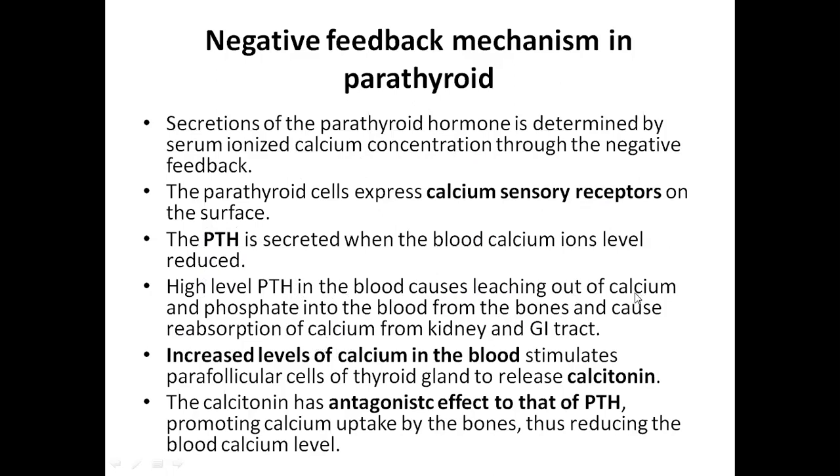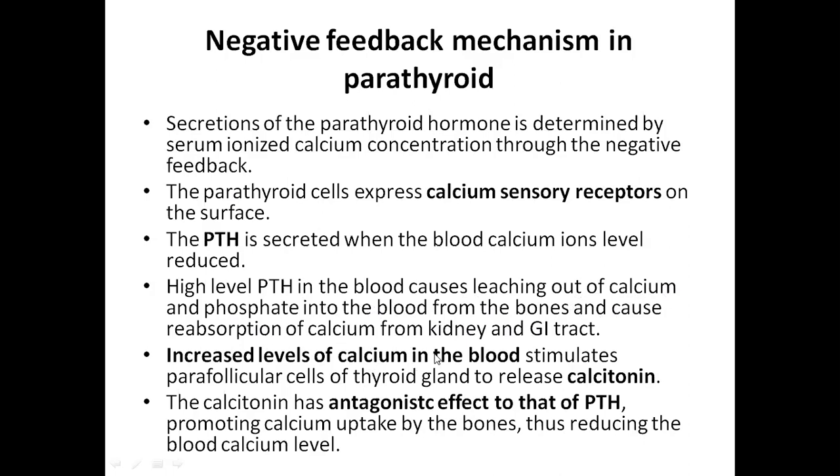It may be through the leaching out of calcium and phosphate from the bones, or through the reabsorption of calcium in the kidney and the gastrointestinal tract. Any of these functions are simultaneously working to bring back the calcium level to normal.